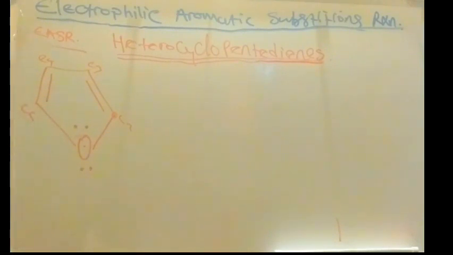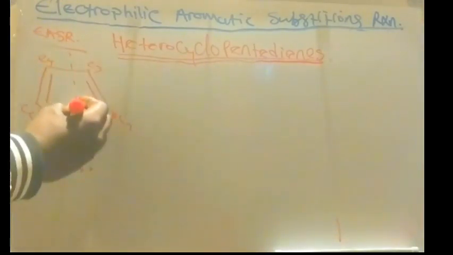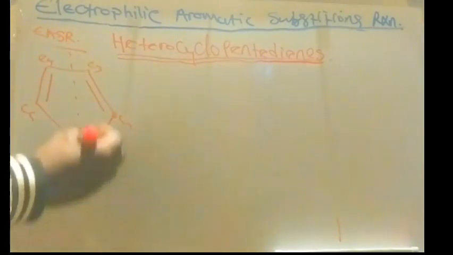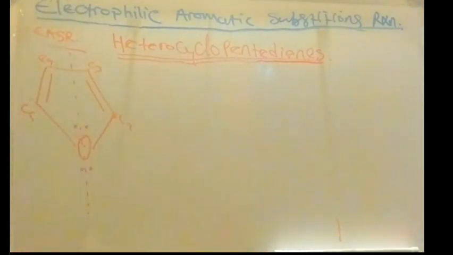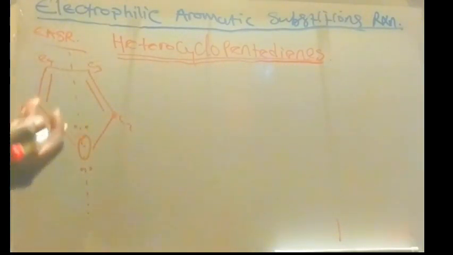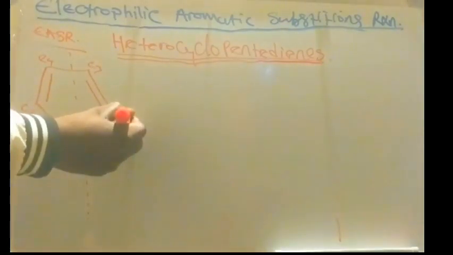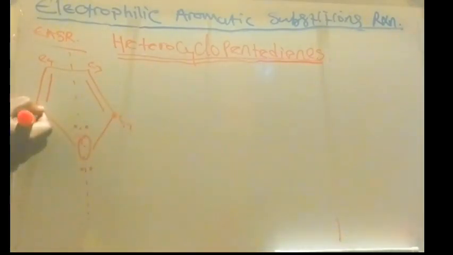So one of the properties is that if it's unsubstituted, it has a symmetry. Okay, so this is what we mean by symmetry. It's symmetrical, so that means the left side is equal to the right side. So when we have this property, we mean that this carbon number 2 here is going to have the same properties as this carbon number 5.